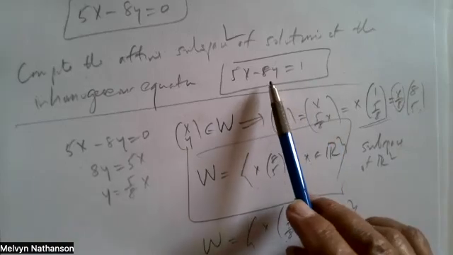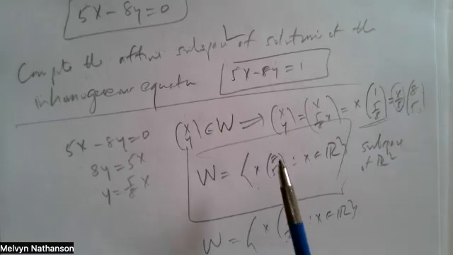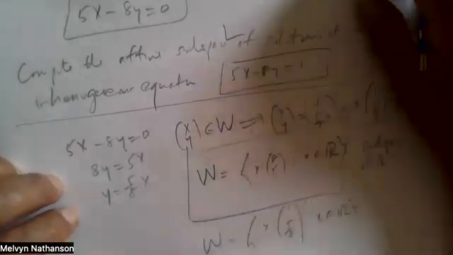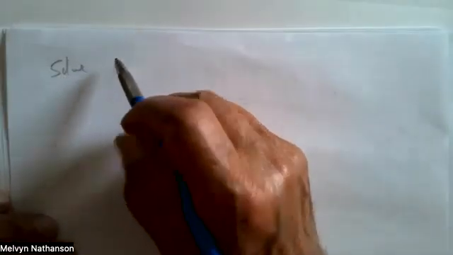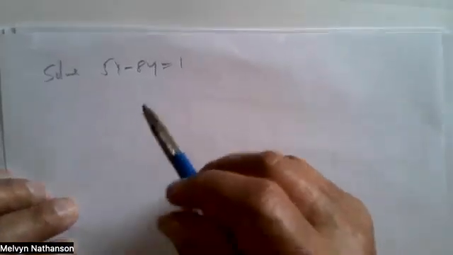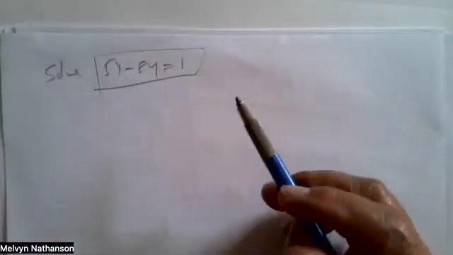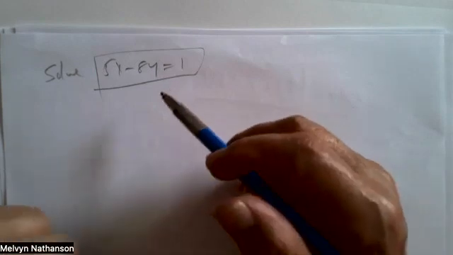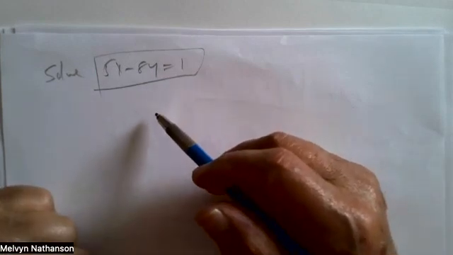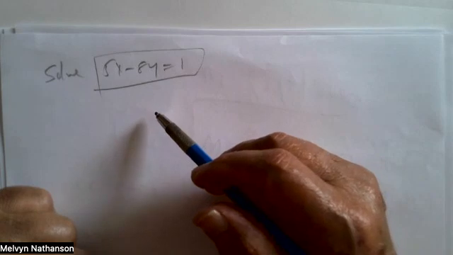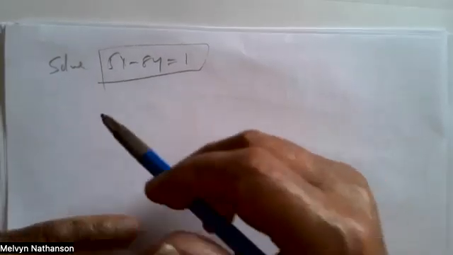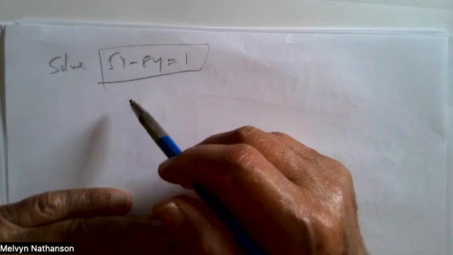But that's the solution space of the homogeneous equation. But now I want to find the solution space of this inhomogeneous equation. So I want to solve 5x minus 8y equals 1. So I just need to find one solution, and any way I can find one solution is good enough. So I could just try and guess a solution.